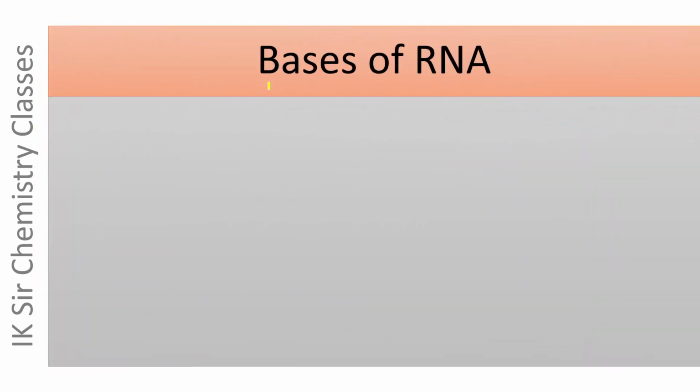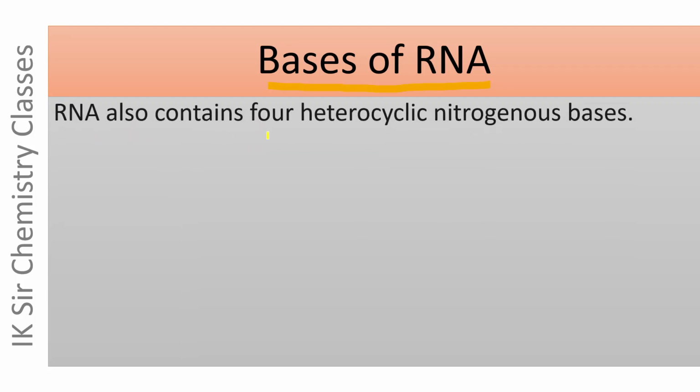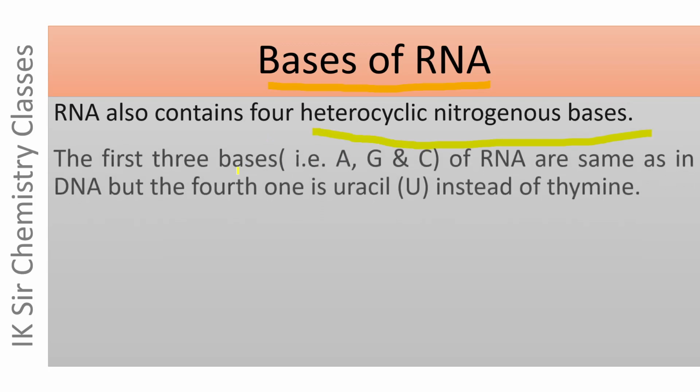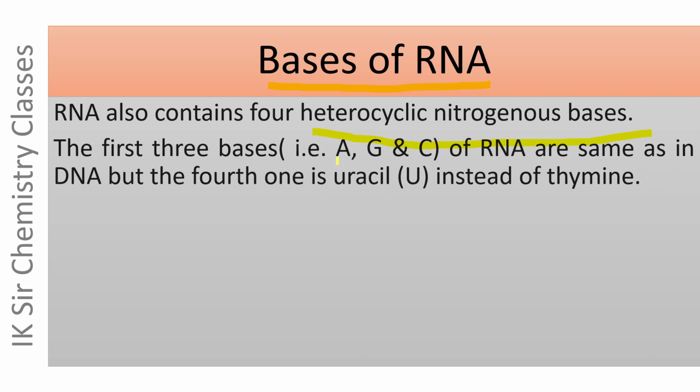Now, the bases present in RNA. RNA also contains 4 heterocyclic nitrogenous bases. The first 3 bases, that is adenine, guanine, and cytosine of RNA, are the same as in DNA, but the fourth one is uracil instead of thymine.